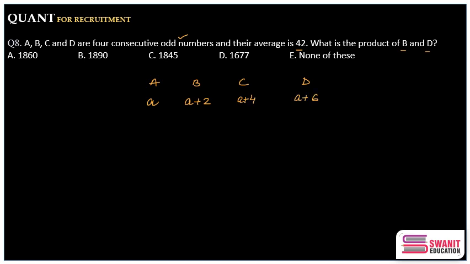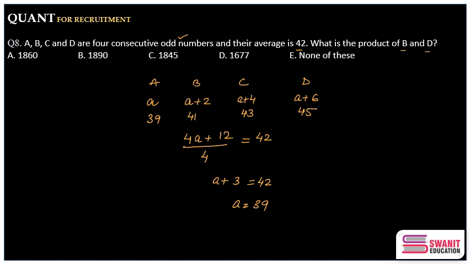And it's given that the average of these numbers, so average means the total, which is 4A plus 12 divided by the total quantity is 42, which means A plus 3 is 42, which gives me A as 39. So if A is 39, my next number definitely is 41, then 43, and then 45.